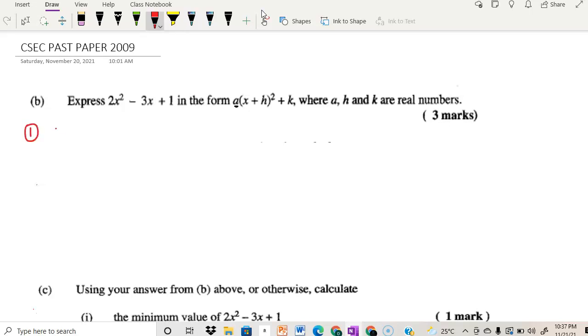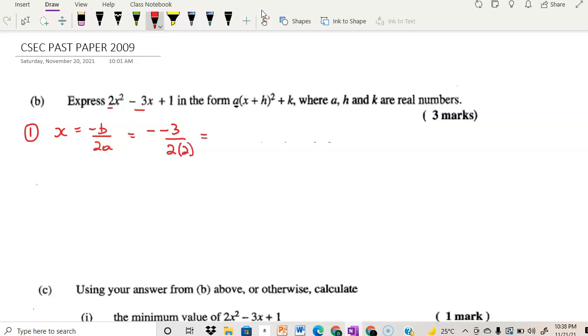The axis of symmetry is x equals negative b over 2a. Based on what we're seeing, b is negative 3. The formula already has a negative, so that's minus negative 3 over 2a, and a is 2.